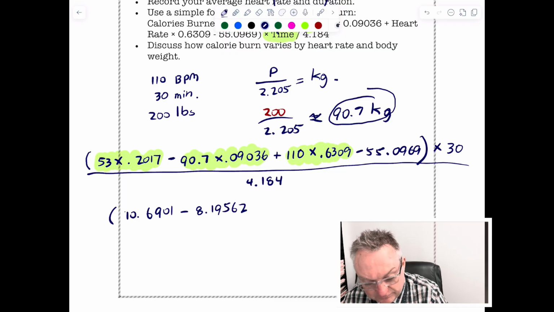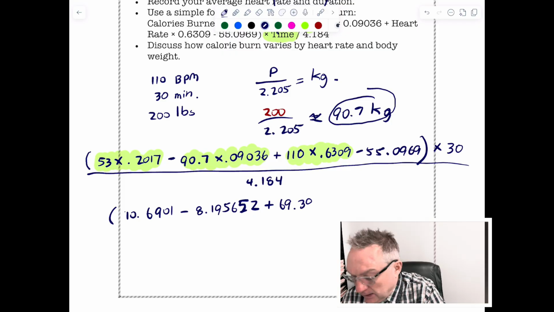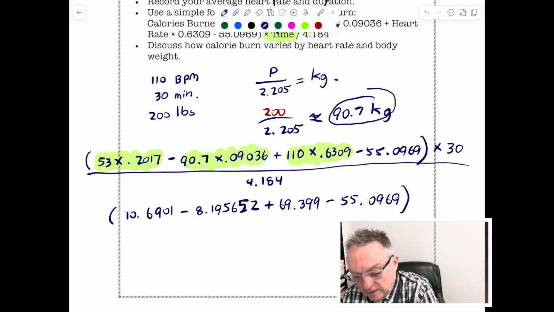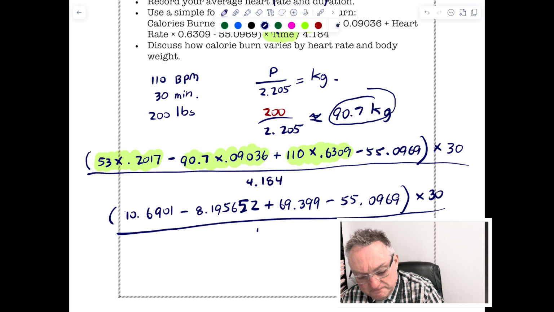Actually, 5652. A lot of decimals on that one. And then lastly, plus the 110 times the 0.6309, which comes out to 69.399. And then I've got the minus 55 number at the end. That's all still in parentheses, times the 30, divided by the 4.184.